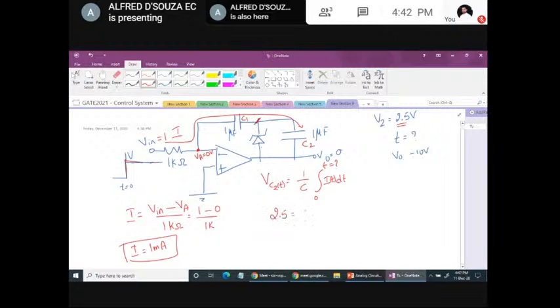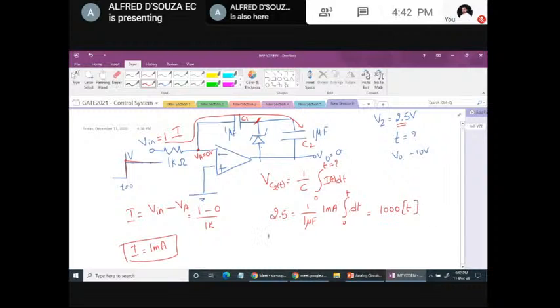So I'll do this. I is constant, 1 milliampere outside, integral 0 to T dt, which is 1000 into T minus 0.